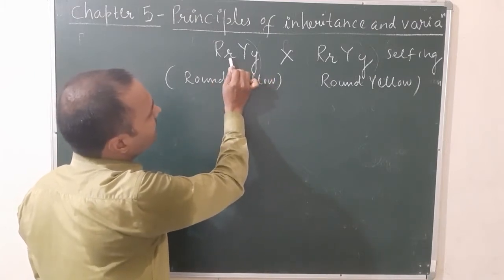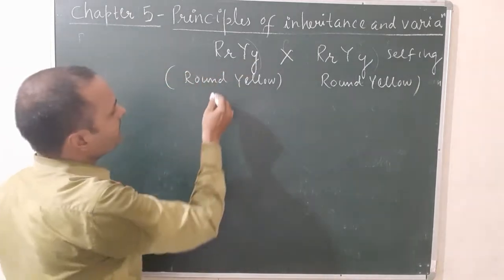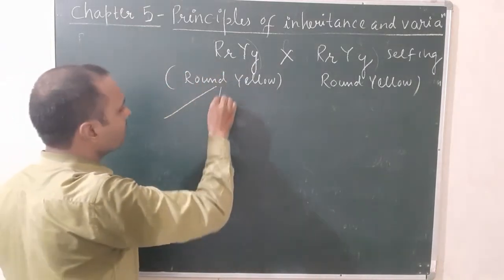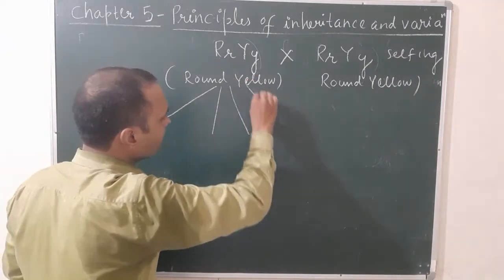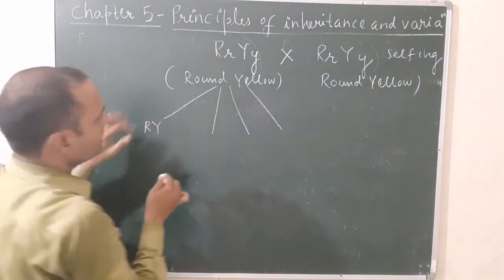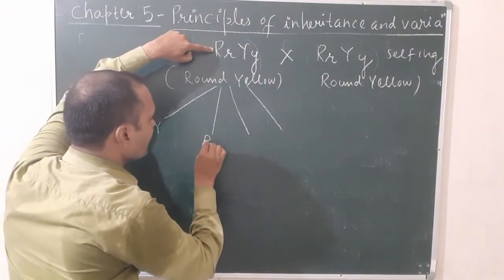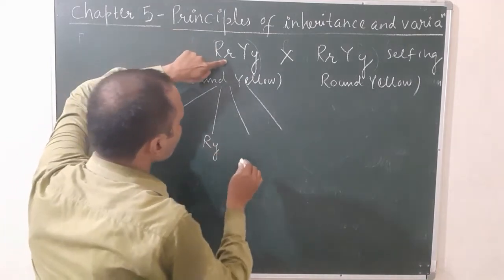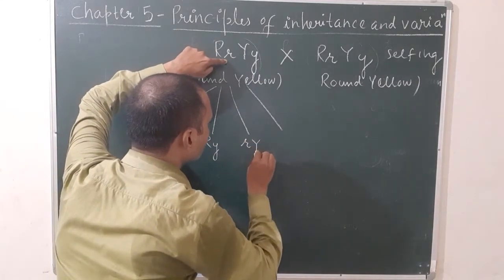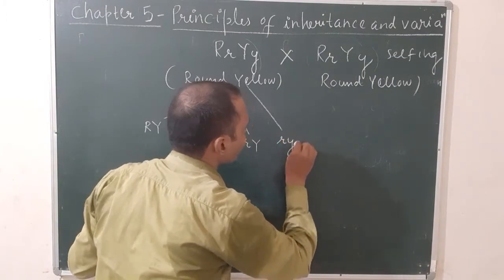Then small r will combine with capital Y. And then small r combines with small y. So let us see how many types of gametes are produced from this parent. So first combination will be capital R, capital Y. Then capital R, small y. Third one, small r, capital Y. Fourth one, small r, small y.